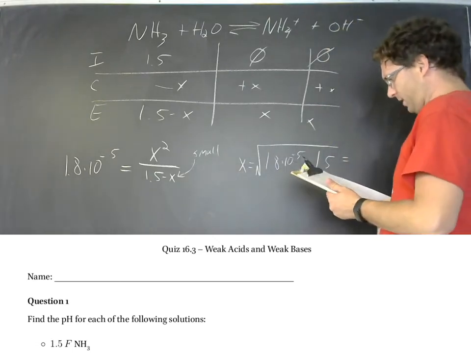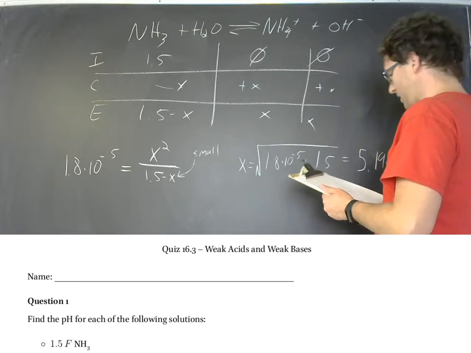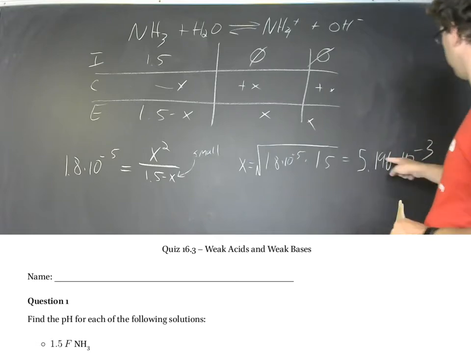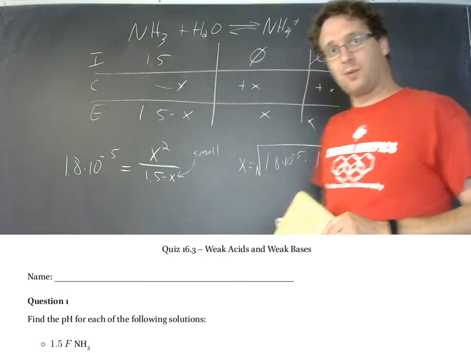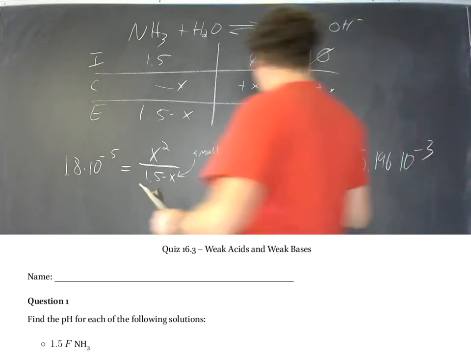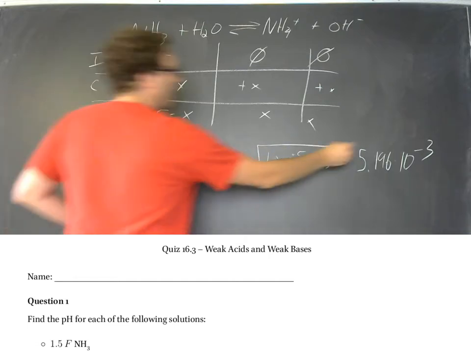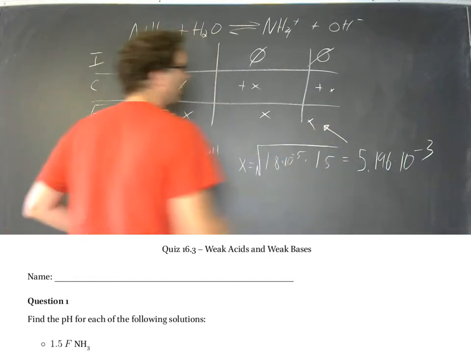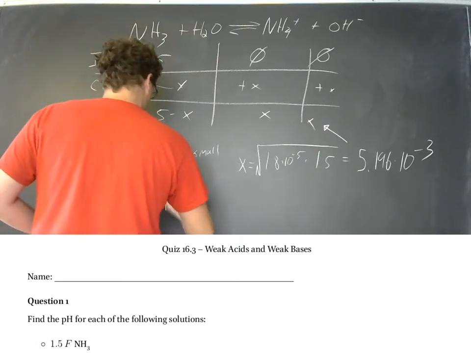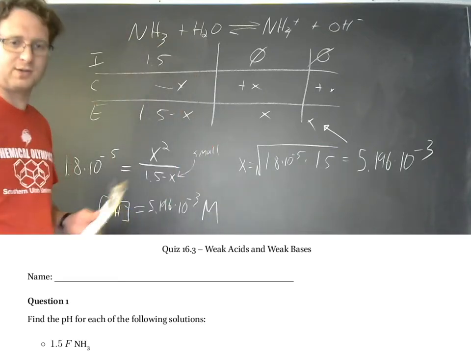And when we do that, we get a value of x equal to 5.196 times 10 to the negative third. And that is certainly small relative to the 1.5, and so that assumption was fine. And that is equal to our OH minus concentration. Right? x is the OH minus concentration. And so 5.196 times 10 to the negative third molar is our hydroxide concentration.